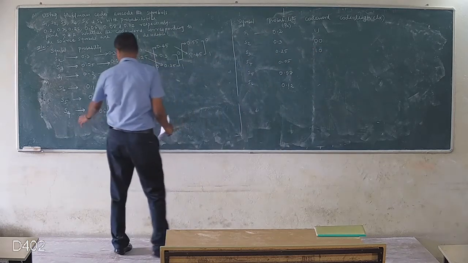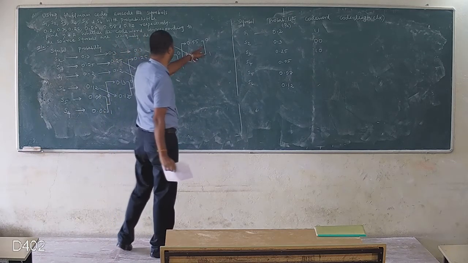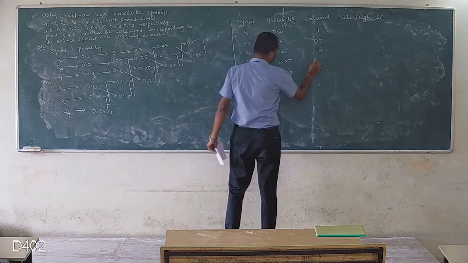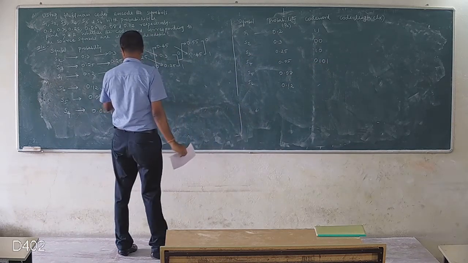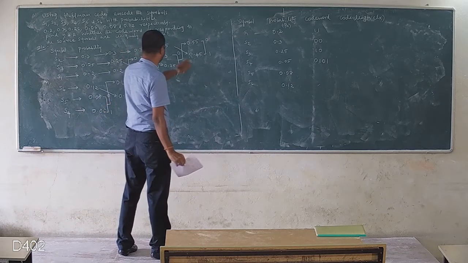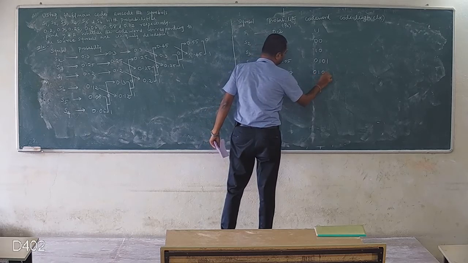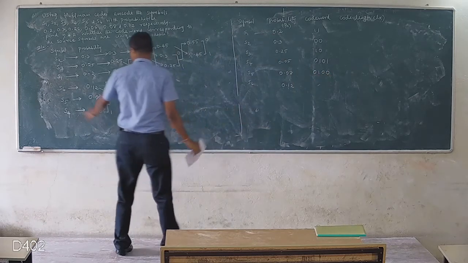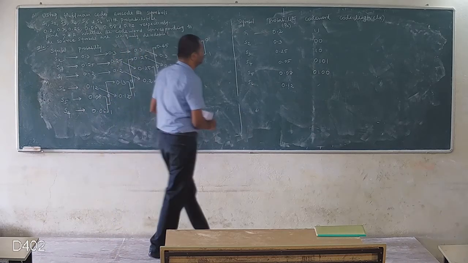For S4, 1, 0, 1, 0. So 0, 1, 0, 1. For S5, 0, 0, 1, 0. So 0, 1, 0, 0. For S6, 1, 1, 0. So 0, 1, 1.